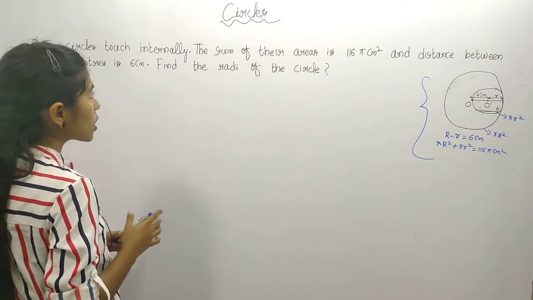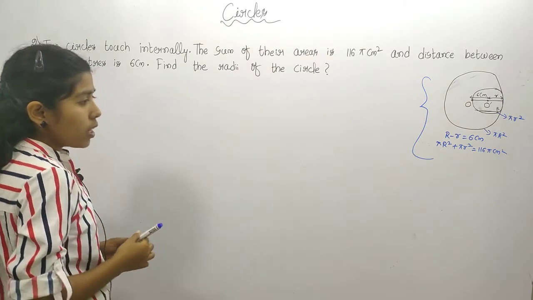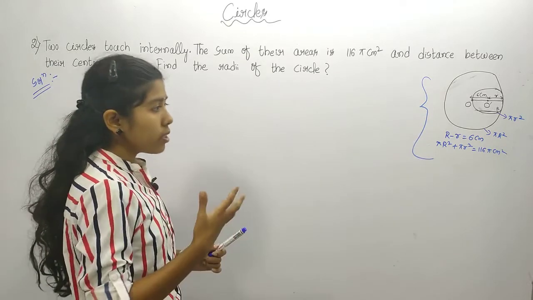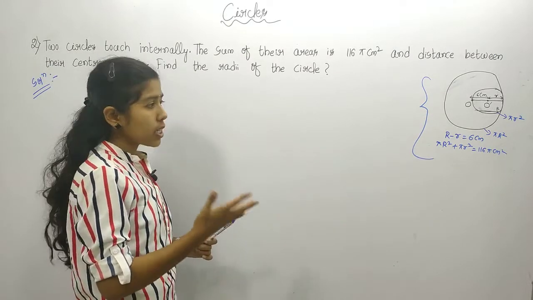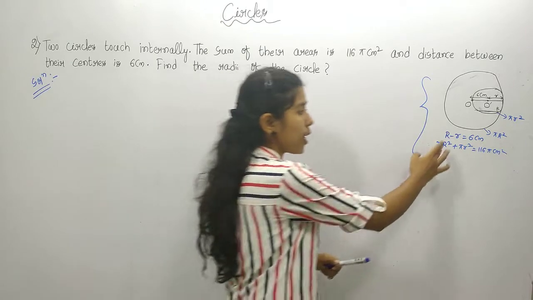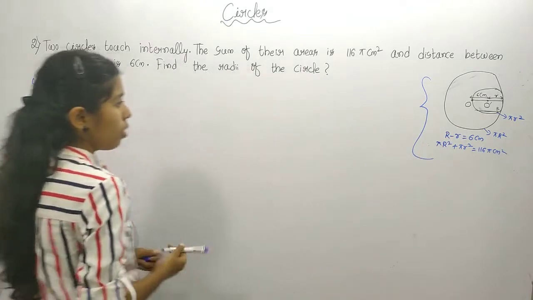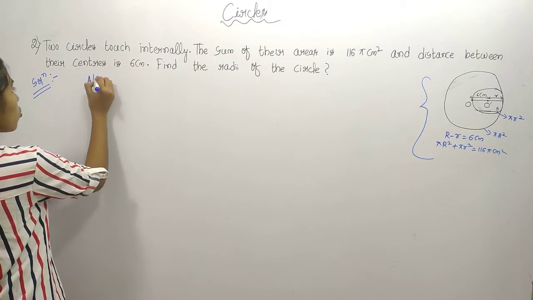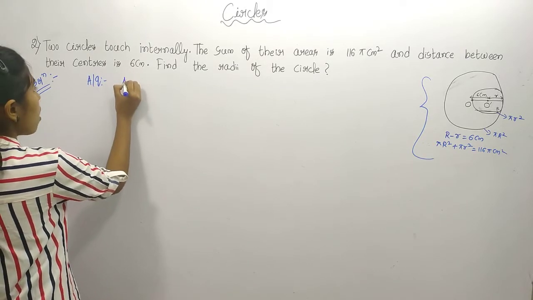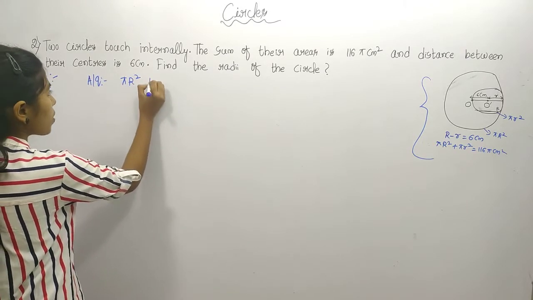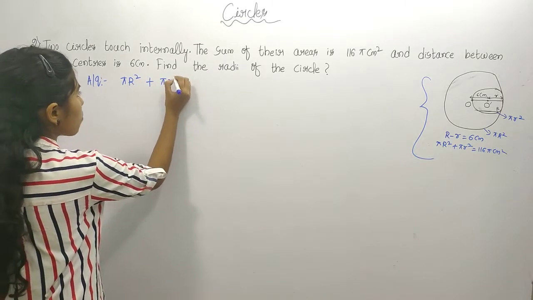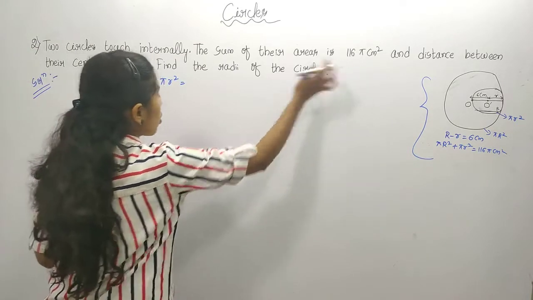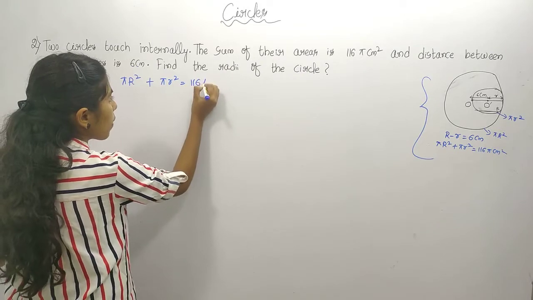So if two circles touch internally, then the distance between their centers equals the difference of their radii. I have said this to you. Okay. So according to the question, what is given? Pi capital R square plus pi small r square equals how much? 116 pi.